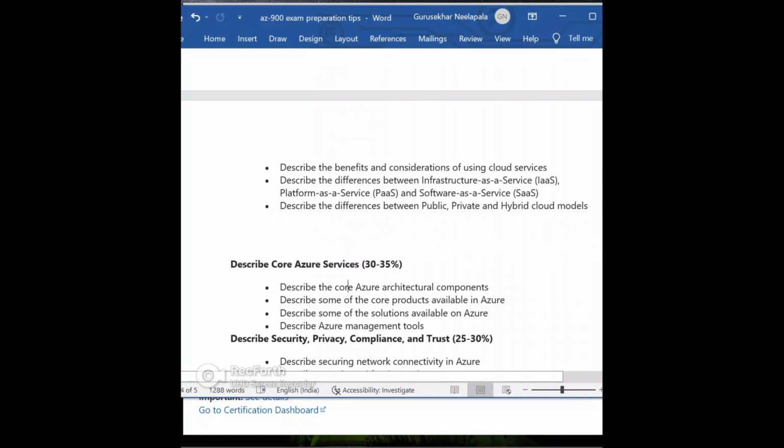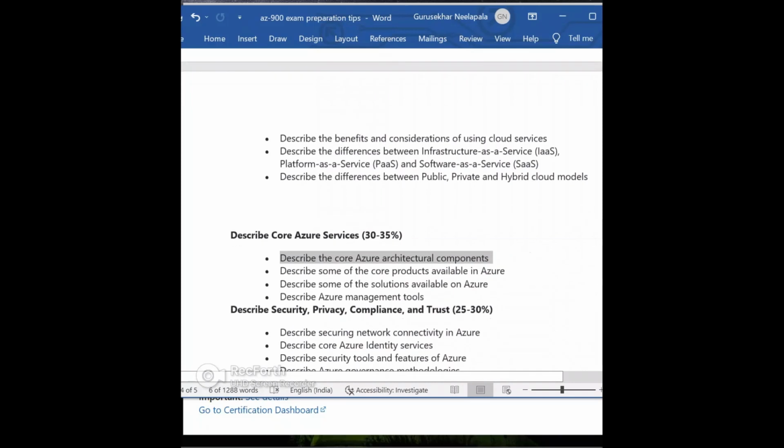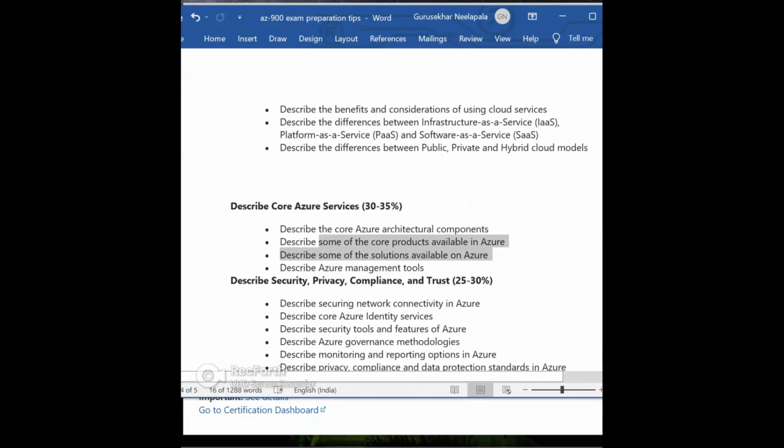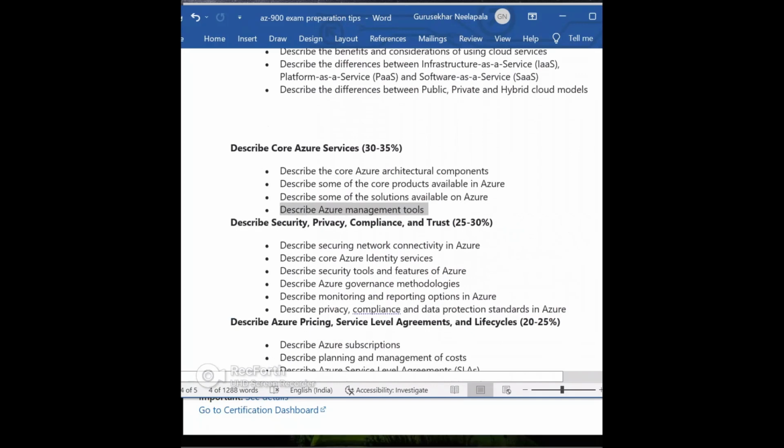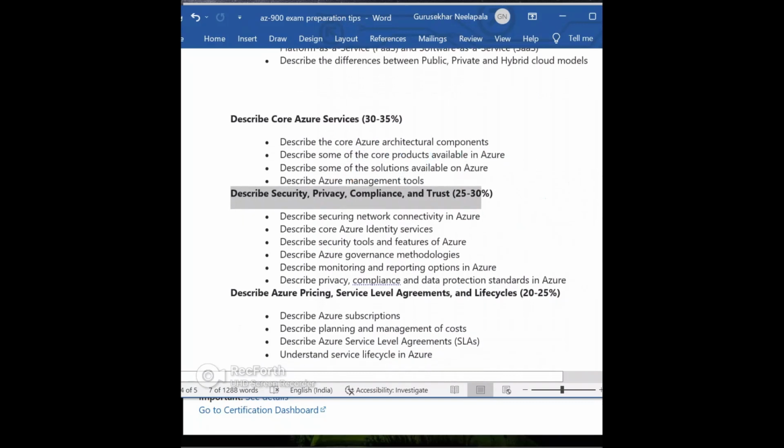When you go to describe core Azure services, you will have to describe the core Azure architecture components, some of the core products available in Azure, some of the solutions available in Azure, and Azure management tools. Another one is describe security, privacy, compliance, and trust.